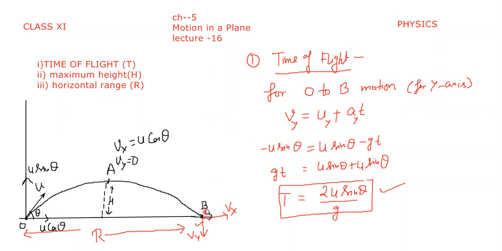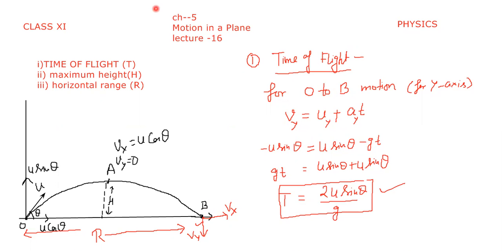The final velocity at the final point. What is the direction of Vy? That is downward. Upward direction is taken positive and downward direction negative. So minus u sin theta equals u sin theta minus gt. From here gt equals u sin theta plus u sin theta. So finally we get capital T equals 2u sin theta upon small g. Okay.